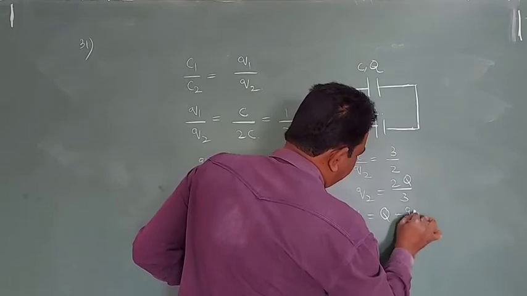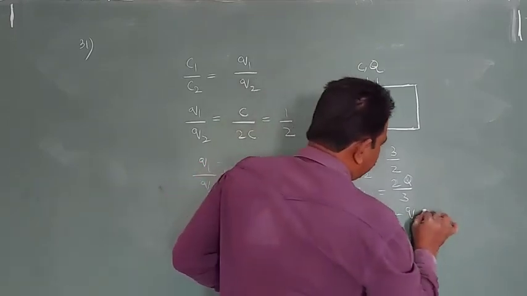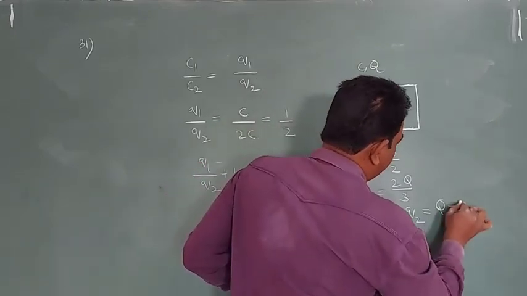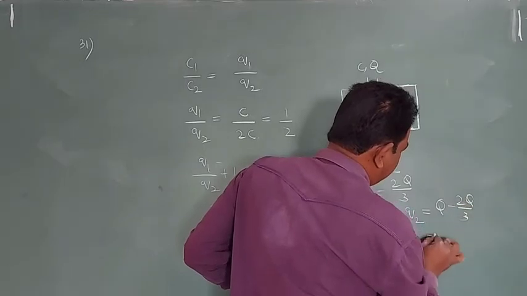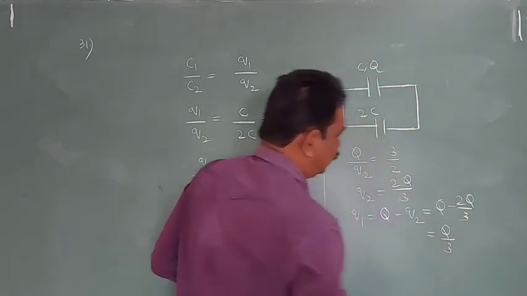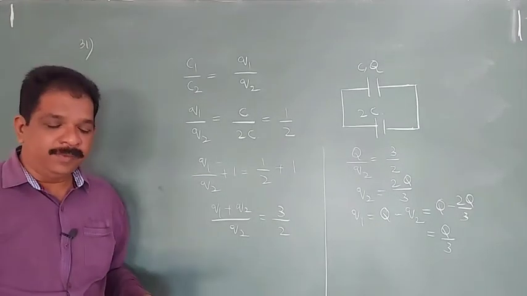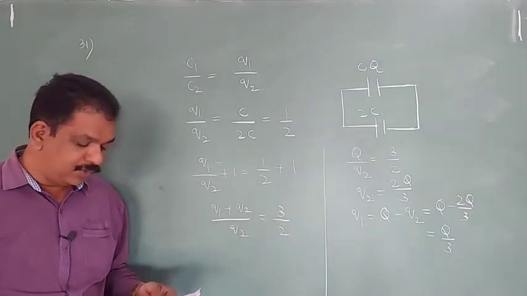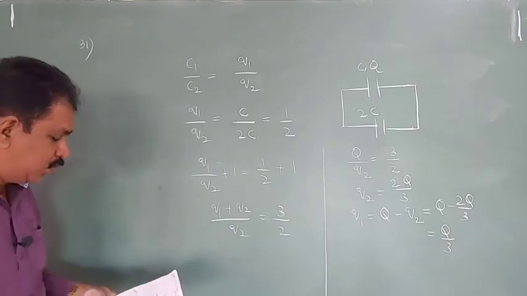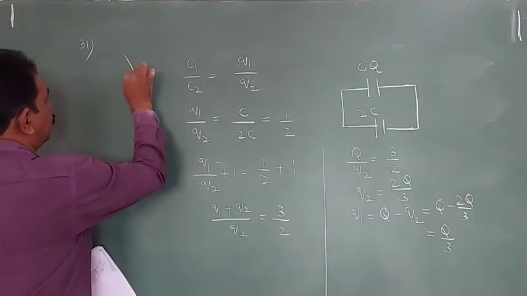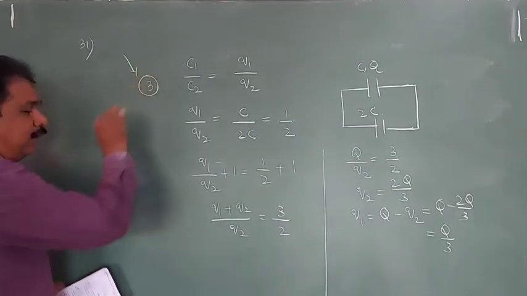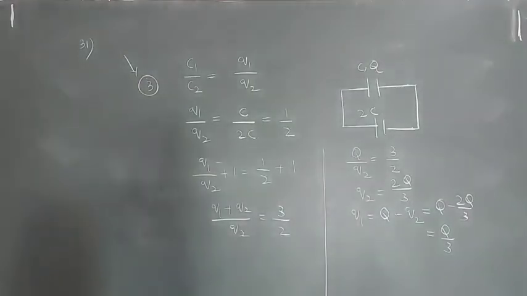Capital Q minus Q2, Q minus 2Q by 3. This value is Q by 3. So Q1 value will be Q by 3, Q2 value will be 2Q by 3. 31, it will be the third option.